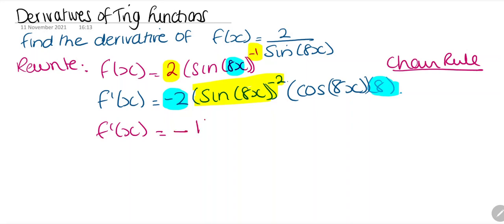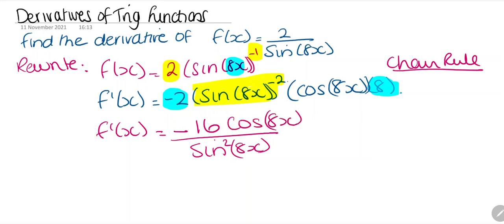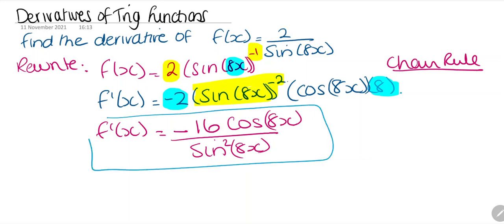So we're going to write minus 16. And then we're going to write the sine on the denominator. So we've got sine of 8x. Now when we do this, we write the 2 here, so sine squared. And then we have cosine of 8x, which is going to be on the numerator. So cosine of 8x. And there's our answer.